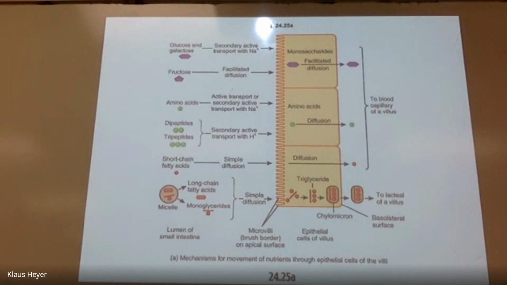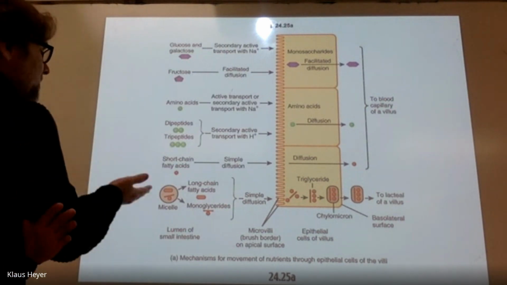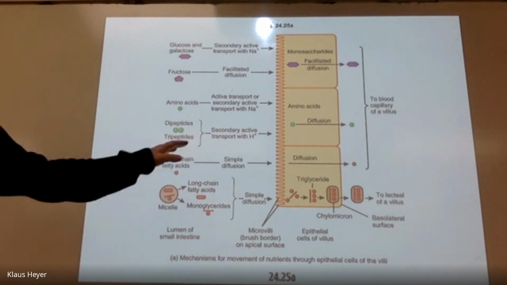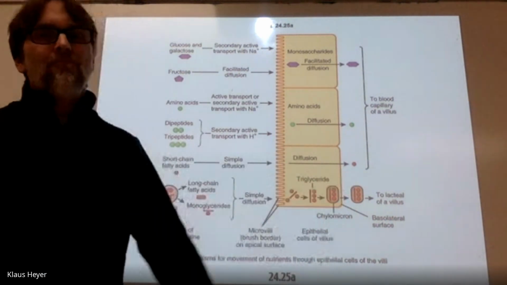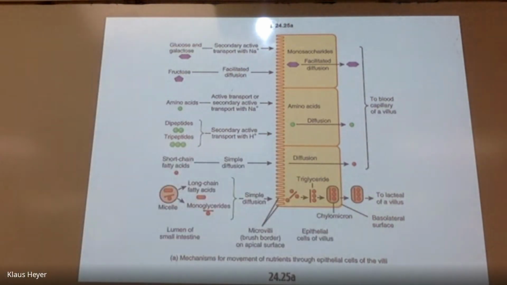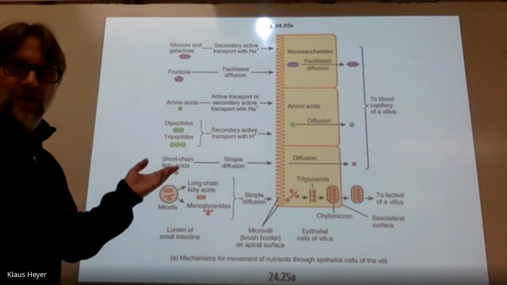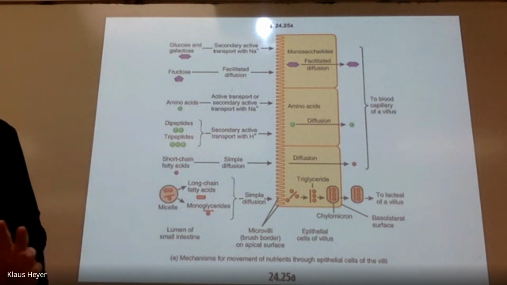Fatty acids or lipids have to be broken down into fatty acid chains. And they're going to go into the lacteal, the lymphatic system, because your blood is water-based, hydrophilic, and lipids are hydrophobic. They're not going to mix together.